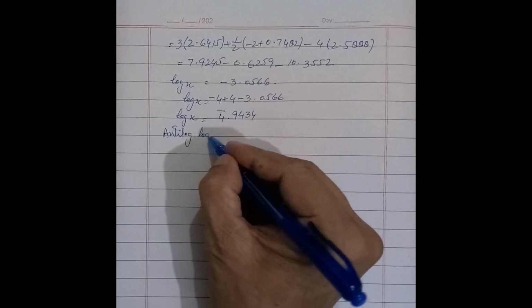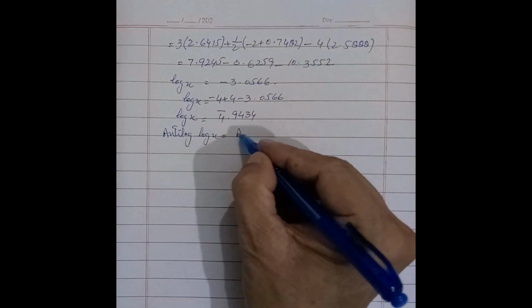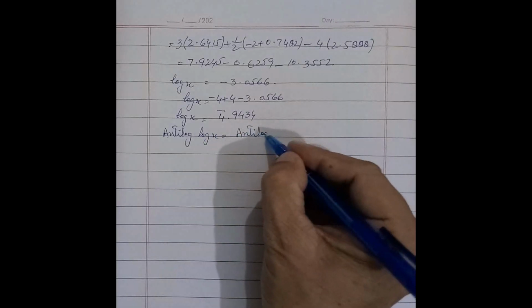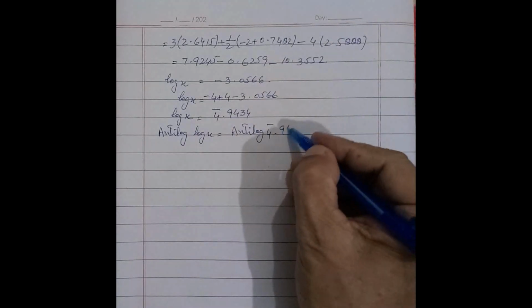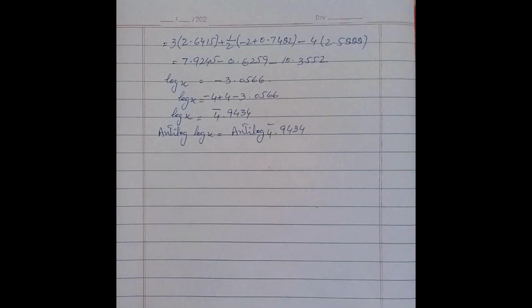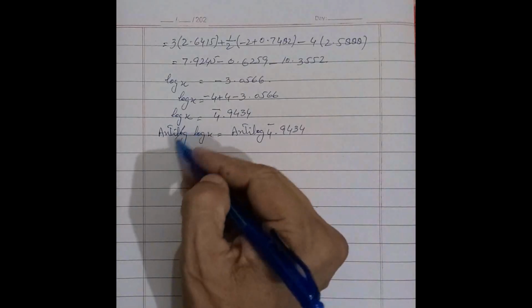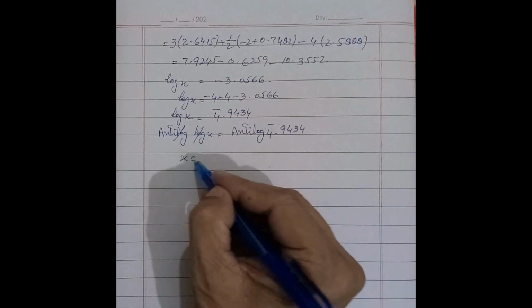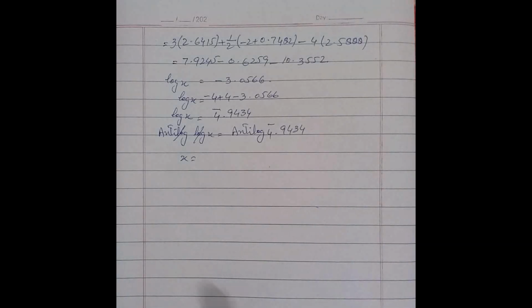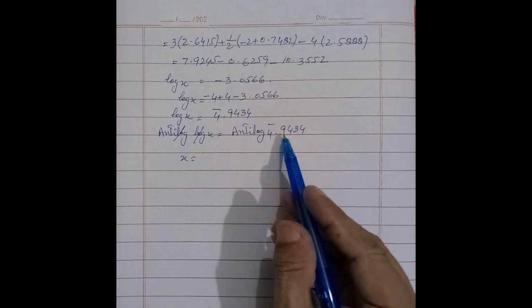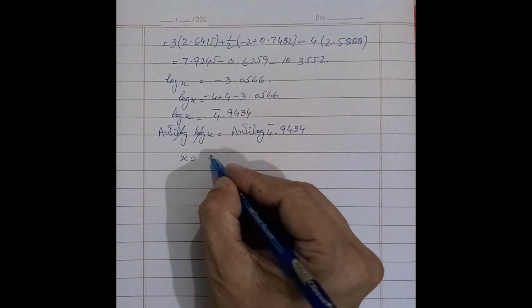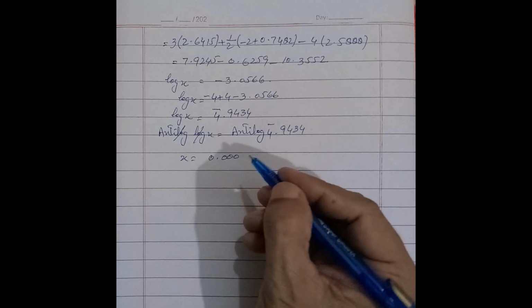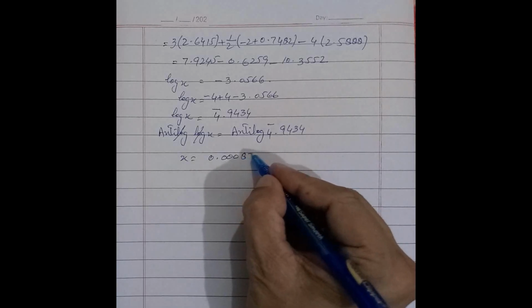Antilog log of x is equal to antilog 4 bar 0.9434. Antilog cancels with log, we have x, and we take the antilog of 4 bar 0.9434, and the value is 0.000877.